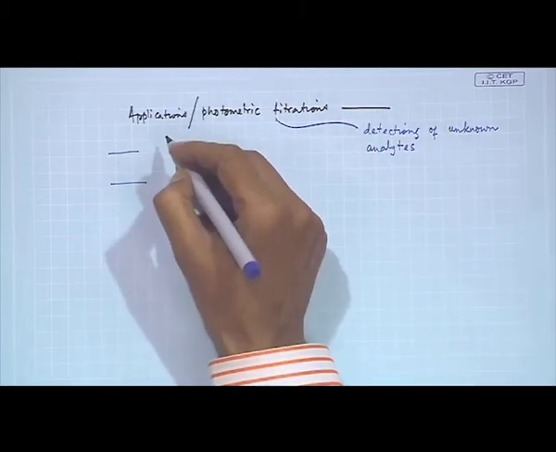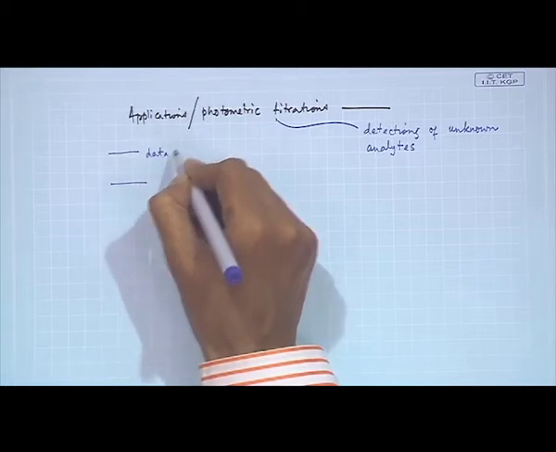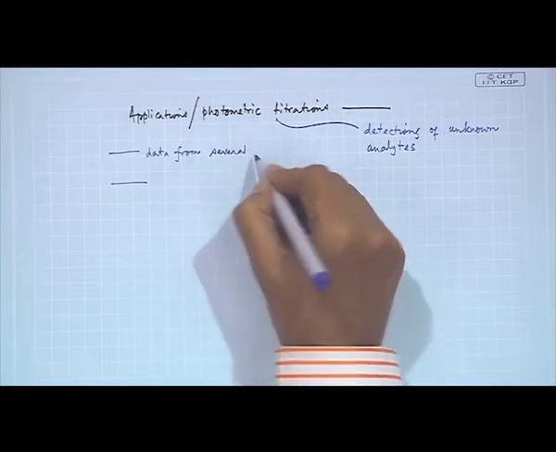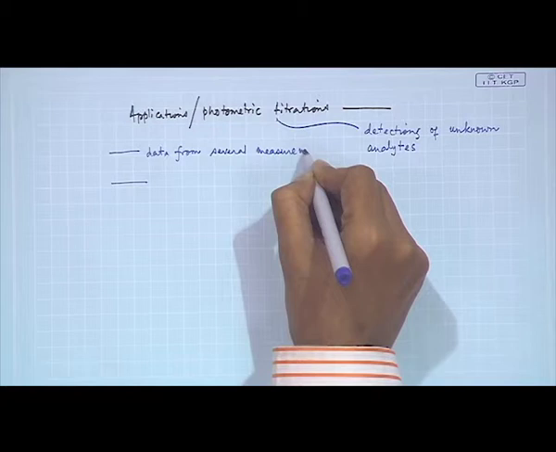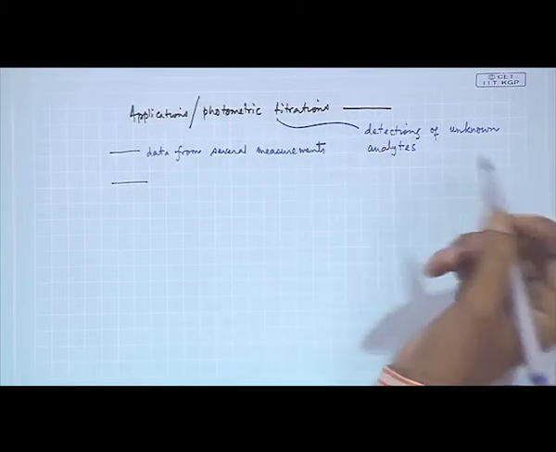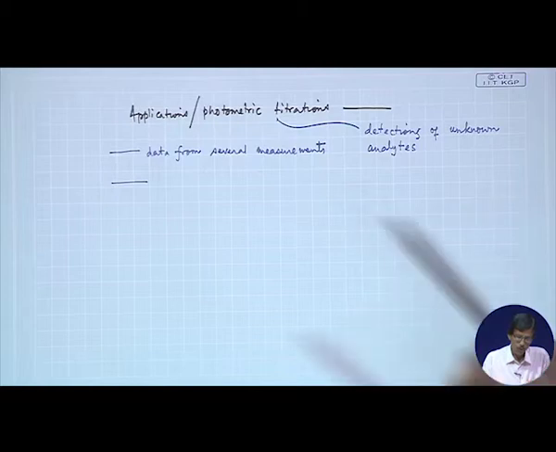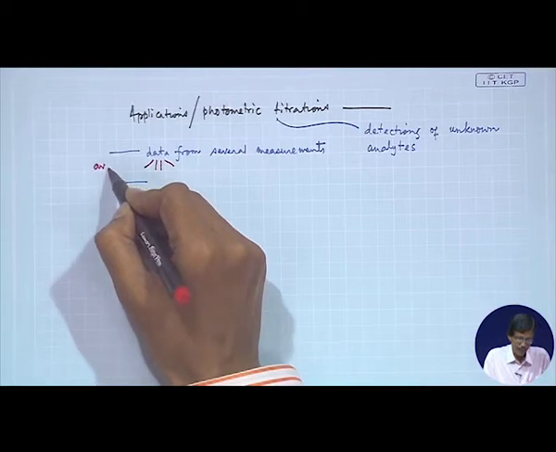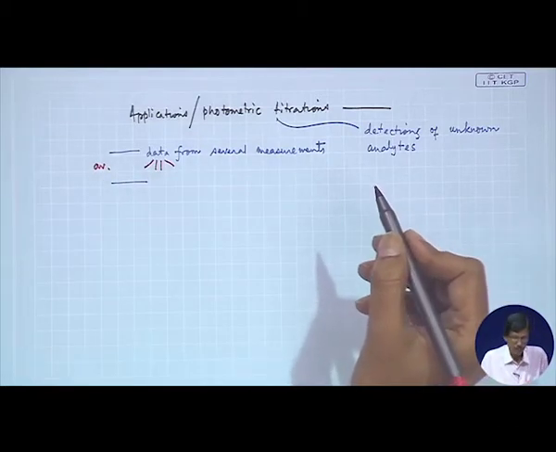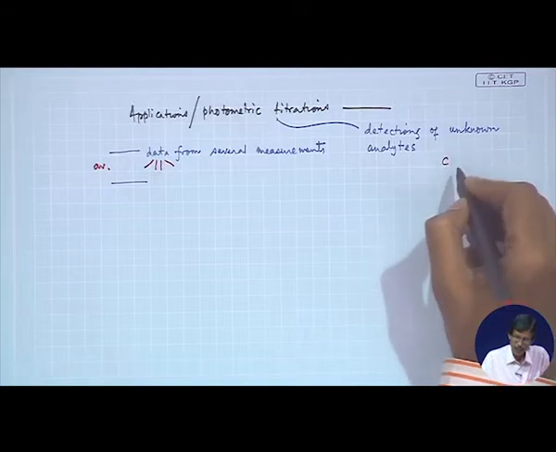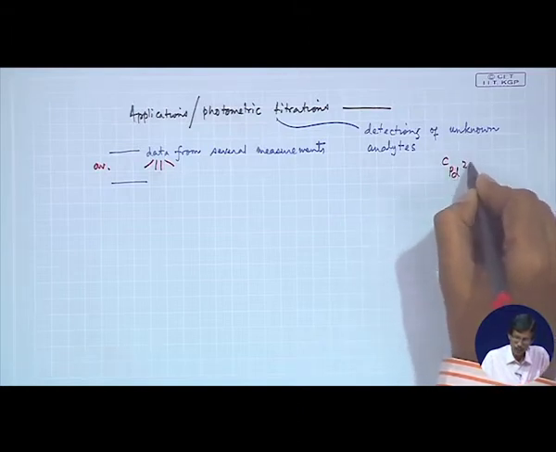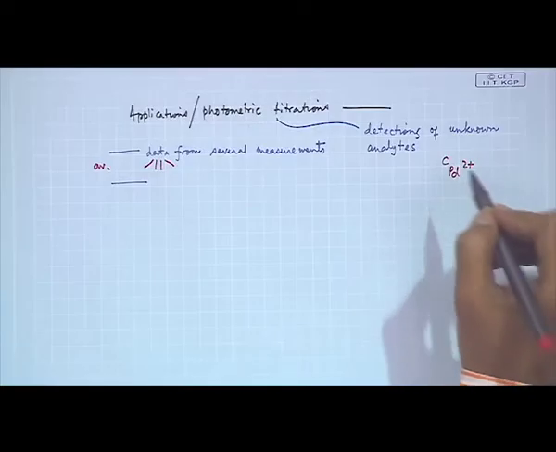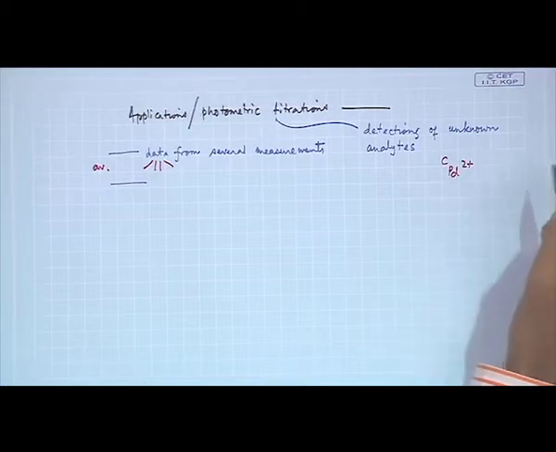So, we can take the data from several measurements, and with 3 or 4 data in hand, we can take the average such that we get more reliable data for any unknown concentration of, say, palladium 2 plus, because this is our ultimate goal: how to get the unknown concentration of palladium more precisely.